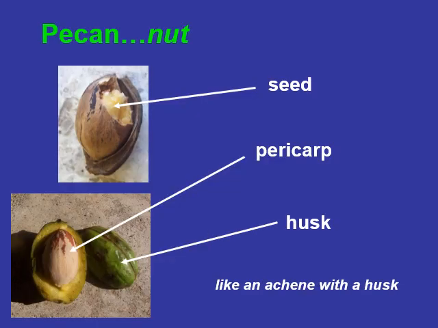Yeah, here's a pecan nut. So if you're familiar with pecan trees, at the bottom you have that green husk, and then you pop out the actual pecan. And if you want to eat the pecan, you have to break the pericarp off of it to expose the seed on the inside of it. But yeah, a nut.